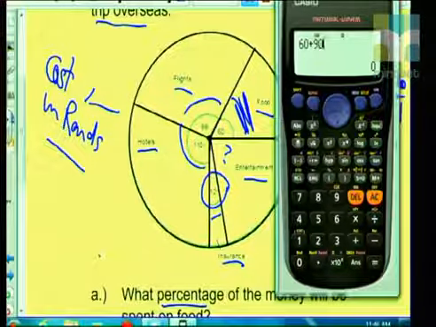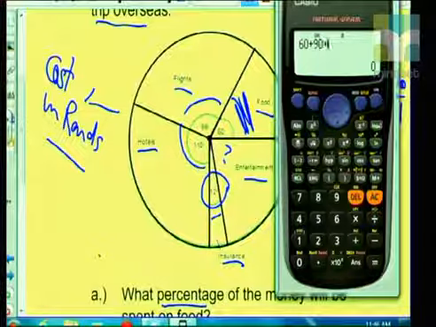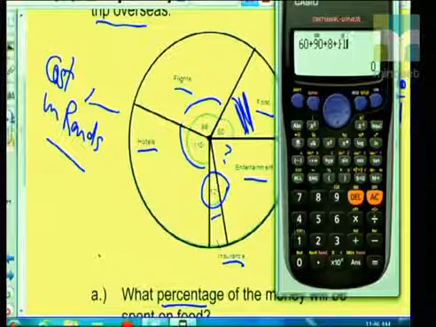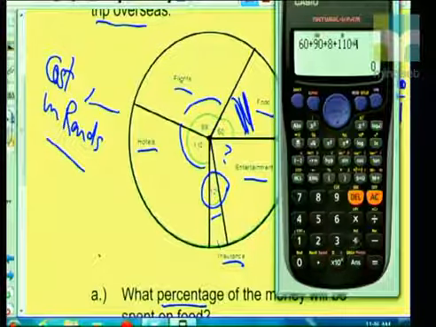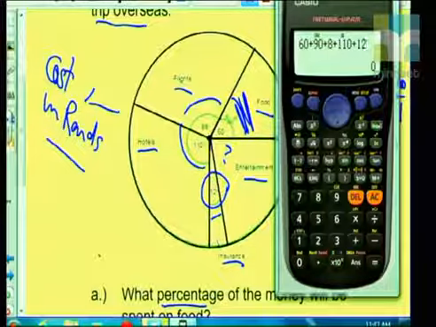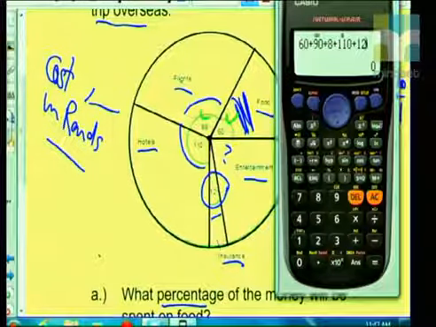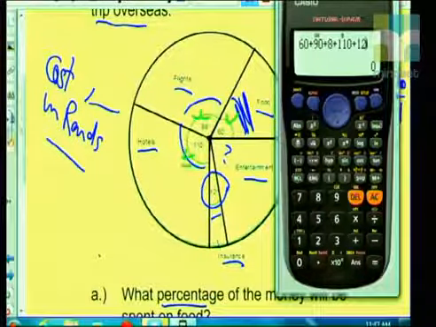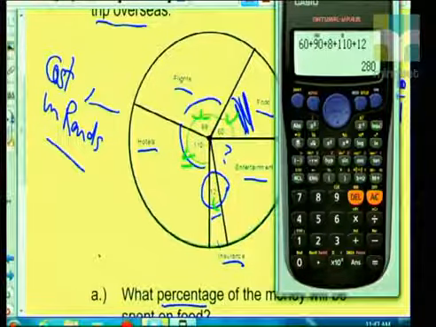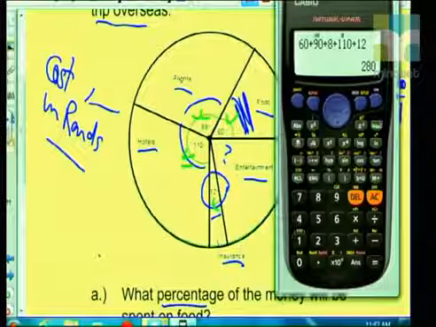It was 98, so let's just add 8. So it was 98 plus 110 plus 12. Let me just check. I've got 60, I've got 90 and 8, I've got 110, and I've got 12. What does that answer give me? That answer equals 280 degrees.